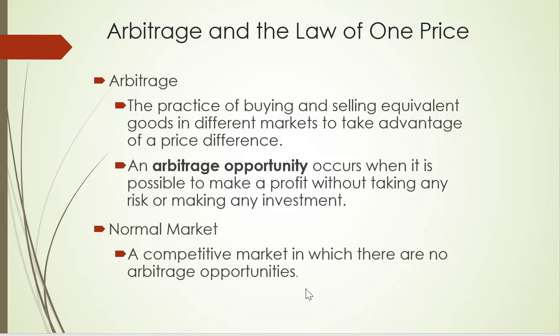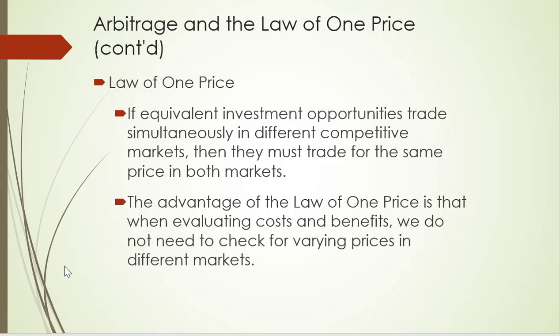What this provides for us is some opportunities for taking advantage of this. So the law of one price is what governs this arbitrage opportunity. Essentially, equivalent investment opportunities should have the same price simultaneously in the same competitive markets. They have to have the same price. The advantage of this is we don't have to go around and check for varying prices in different markets.